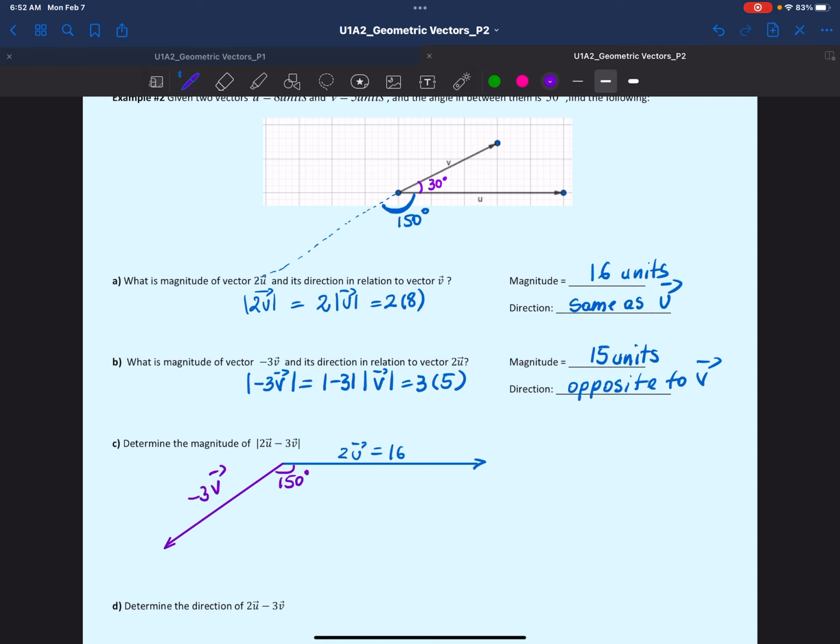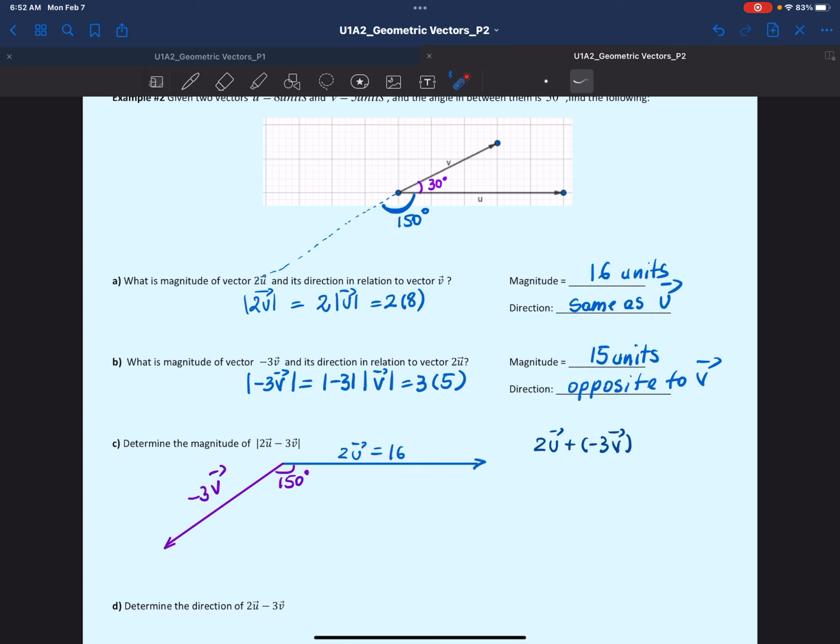Now, we have to find the magnitude of 2u minus 3v. You can look at 2u minus 3v as the sum of vectors 2u plus negative 3v, which means that we're adding vectors 2u and negative 3v together.